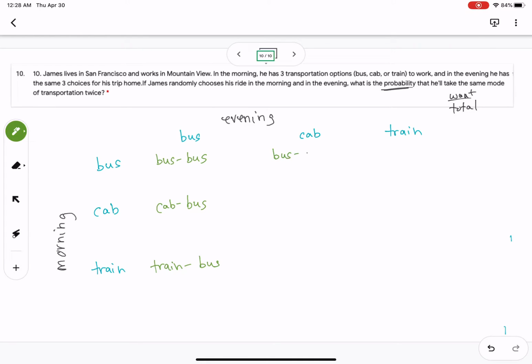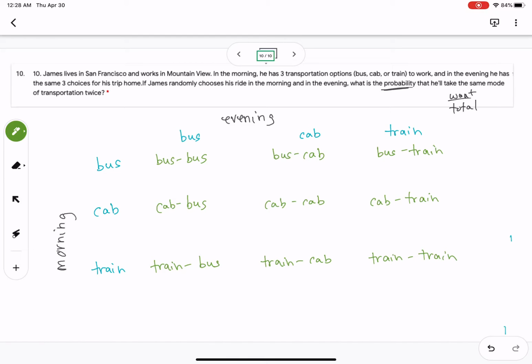Bus in the morning, cab in the evening; cab, cab; train, cab. Bus, train; cab, train; train, train. Again, I'm just putting the two together.